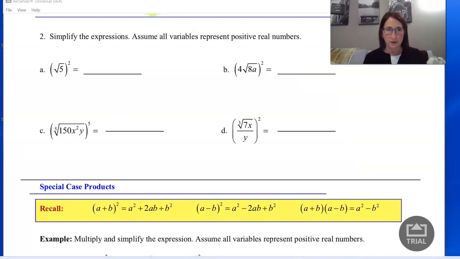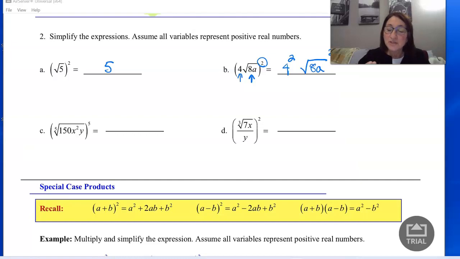All right, let's go through these examples rather quickly here. So the square root of 5 raised to the second power, no problem. That's just 5. For B, let's be careful here. I need to raise both the 4 and the radical to the second power. So this becomes 4 squared and then the square root of 8a squared.